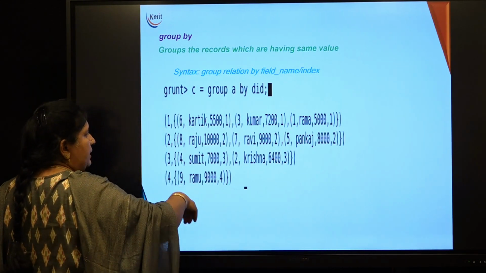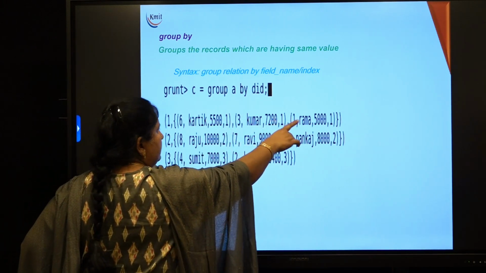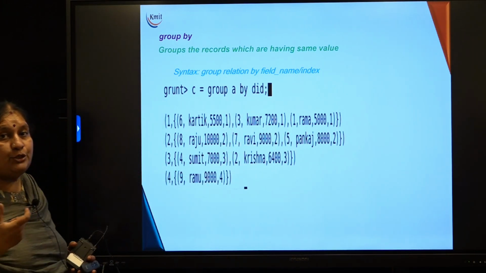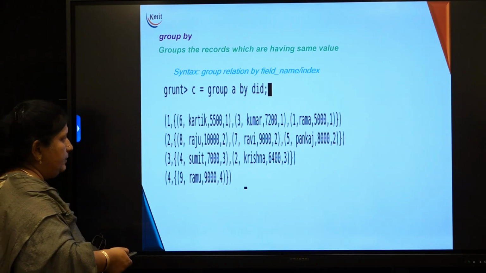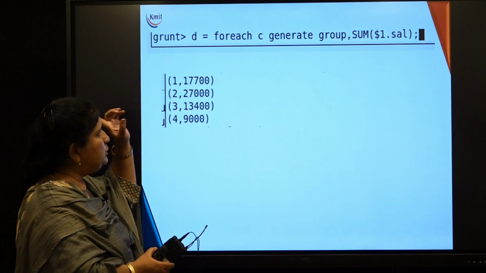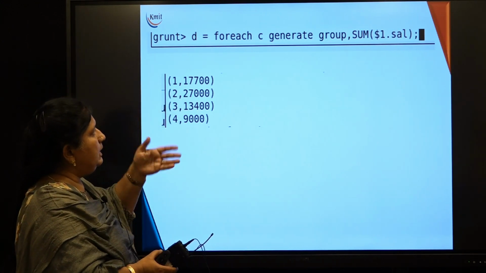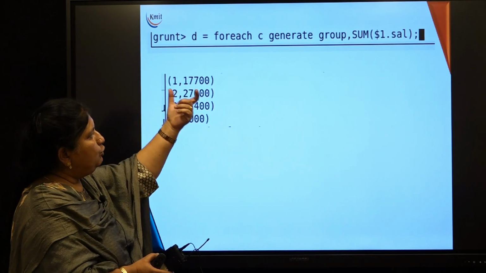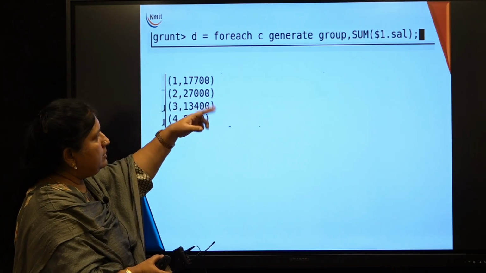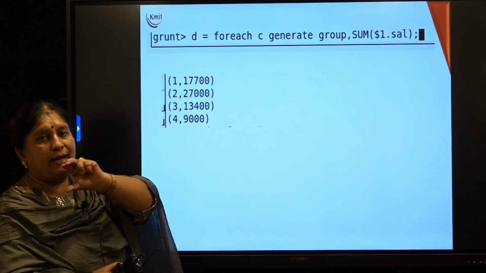So in this bag, who is the salary value? 5,500, 7,200, 5,000. Their sum should be displayed. So D is equal to for each tuple in C, generate the grouping attribute value, comma, sum of $1. What is the second attribute? The entire bag.